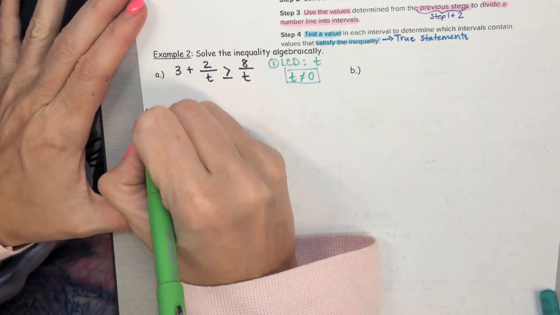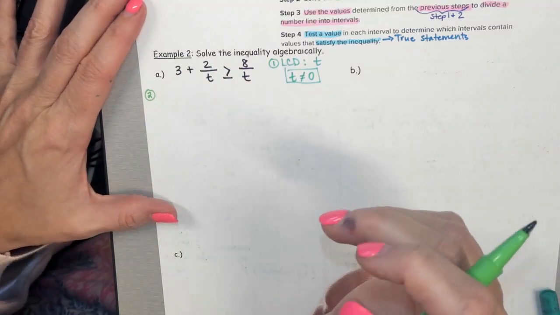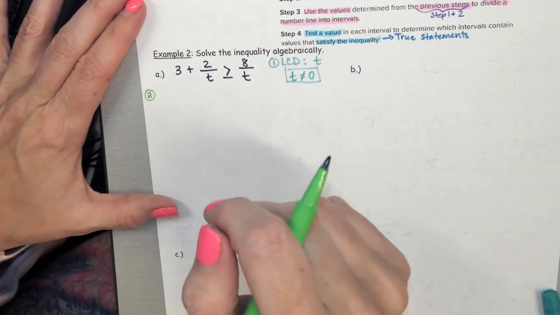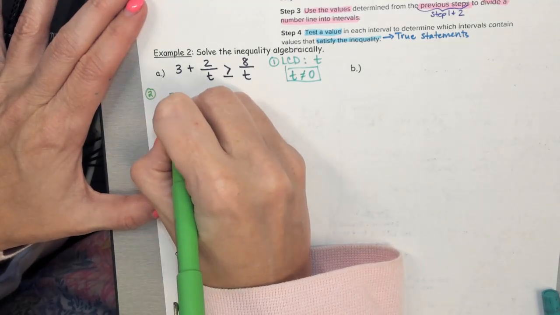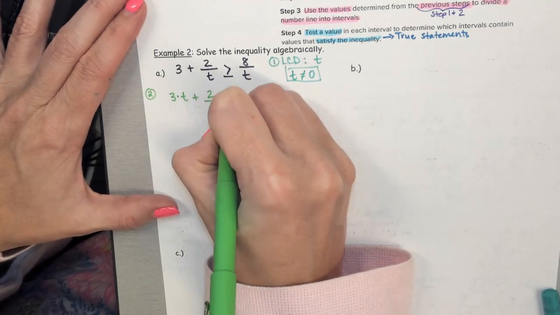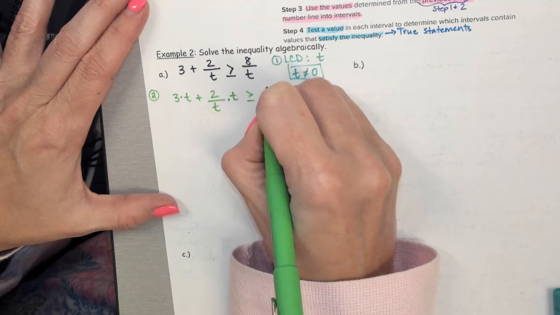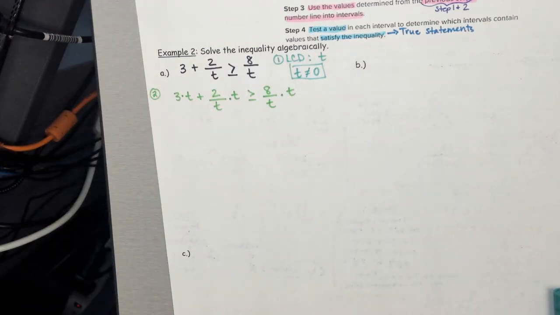So to get the related equation, we said we have to multiply both sides by the LCD. So we're going to multiply 3 times t, plus 2 over t times t, and then 8 over t times t.